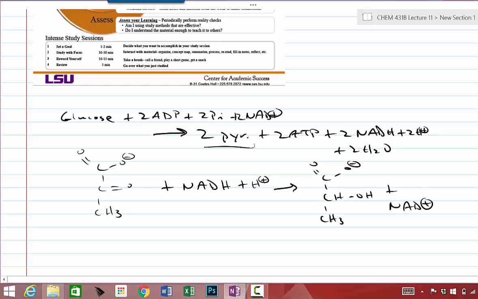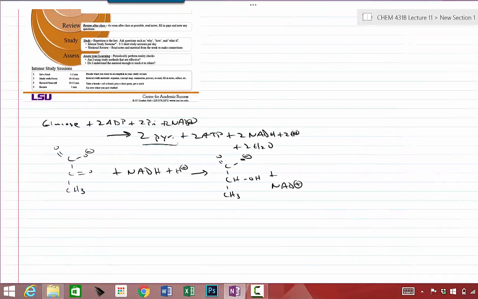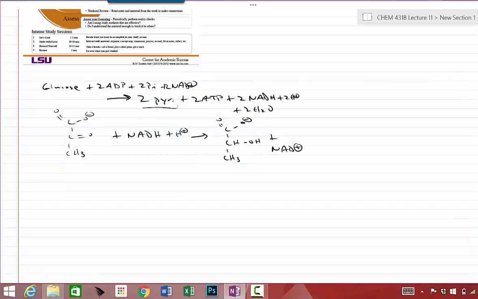Okay. And this is actually occurring whenever we do strenuous exercises. So, for example, if we're running up a flight of stairs and we're using our muscles and we get kind of winded there, this is actually occurring in our muscles.